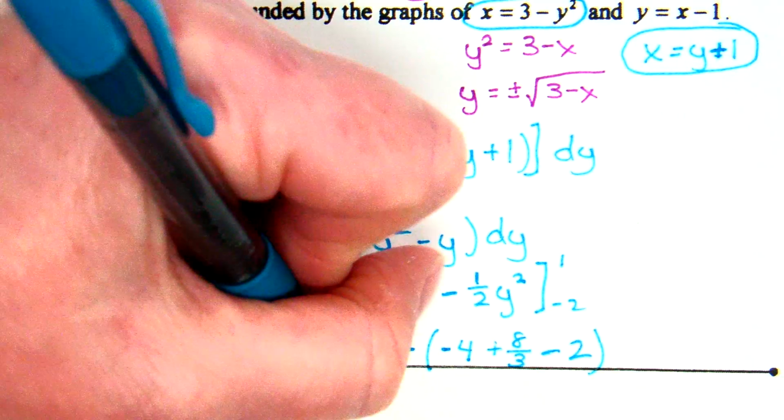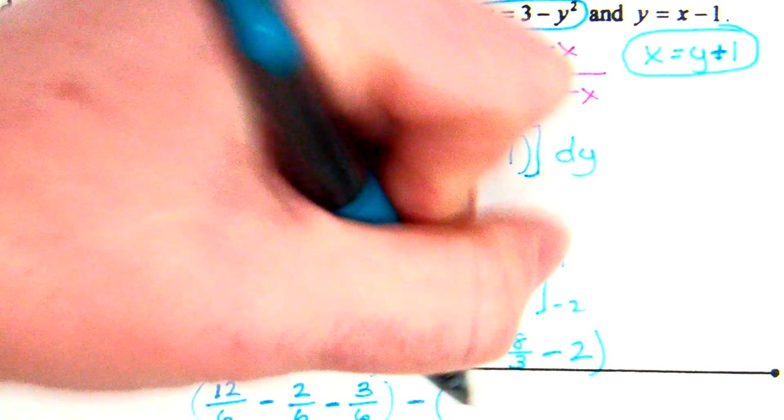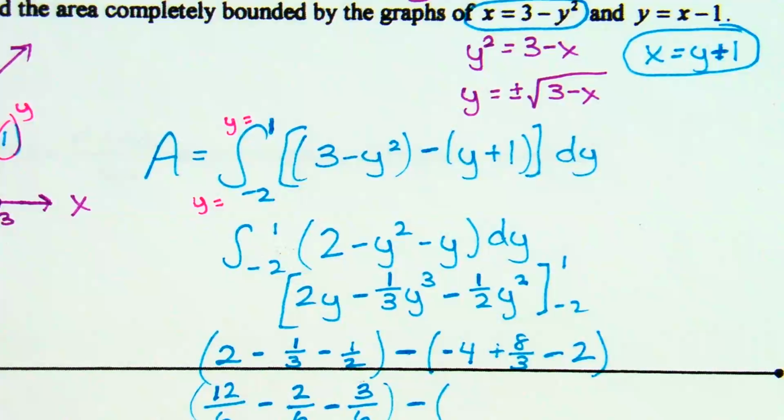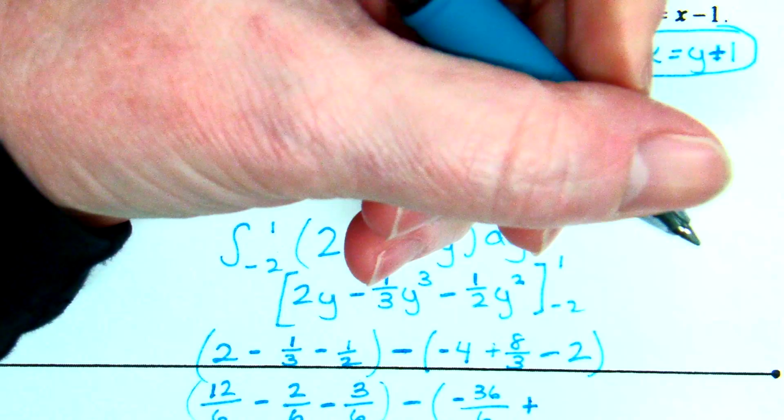So for that first part, 12 sixths minus 2 sixths minus 3 sixths. Minus, next one, we might as well put it in terms of sixths. What is negative 4 minus 2? Negative 6. What is negative 6 in terms of sixths? Negative 36 sixths. Then you have negative 36 sixths plus 8 thirds times 2 is 16 sixths.